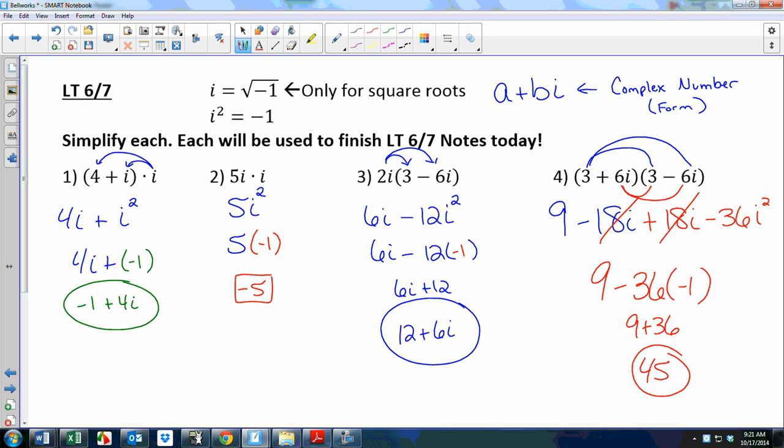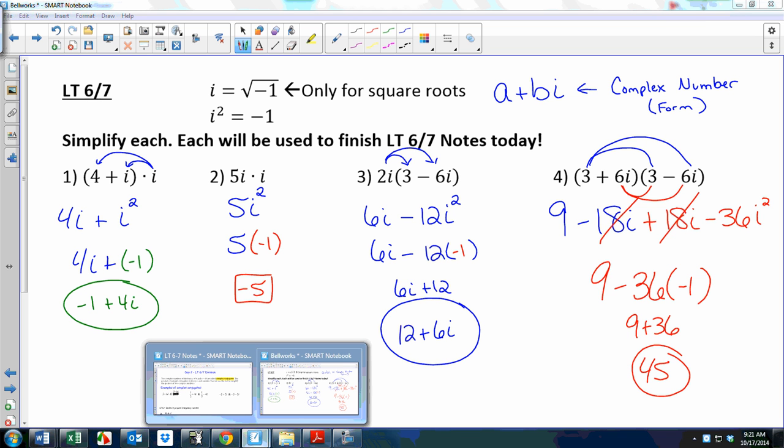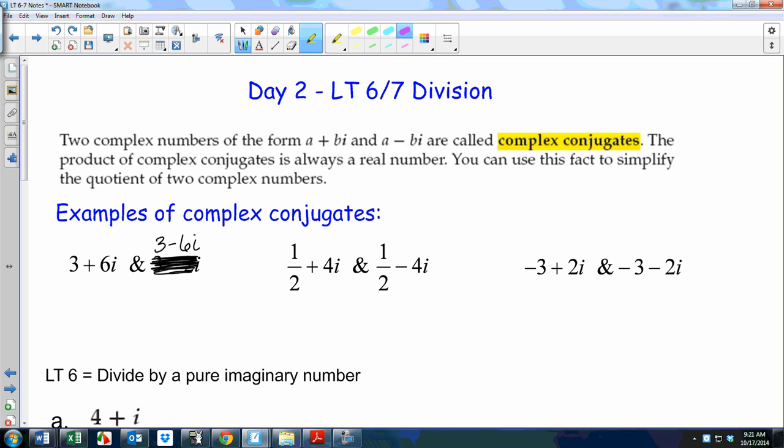So now we're going to use these 4 answers to finish our notes. I kind of already introduced the concept of conjugate. But on your notes here, a plus bi is a complex number, and a minus bi is its conjugate.